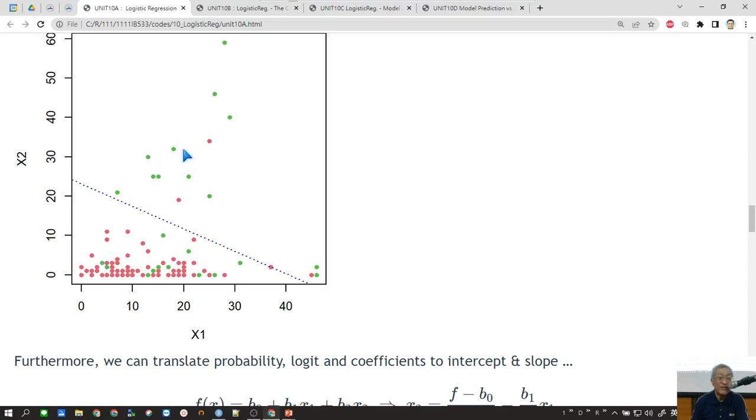Every point is again a data point, right? And the horizontal and vertical coordinates of the data point are x1 and x2, right? So what is y represented in this plot? Can you guess?